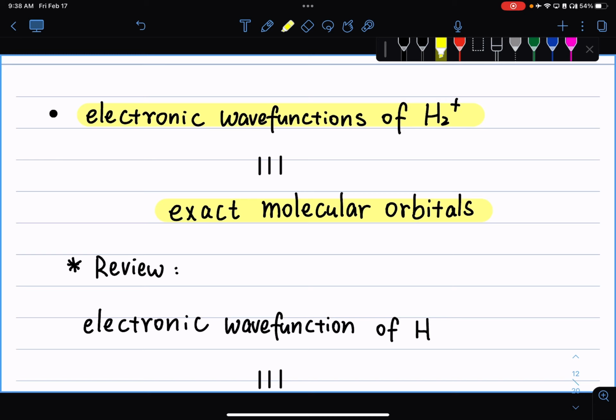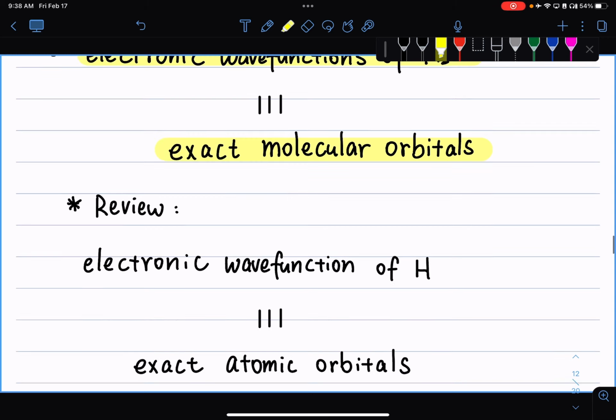Atomic orbitals are just one-electron hydrogenic wave functions. Molecular orbitals are also just electron wave functions, but with H2+. Difference between molecular orbital and atomic orbital, they're both wave functions. Atomic orbital, you have one nuclei. Molecular orbital, you have two nuclei. All right.